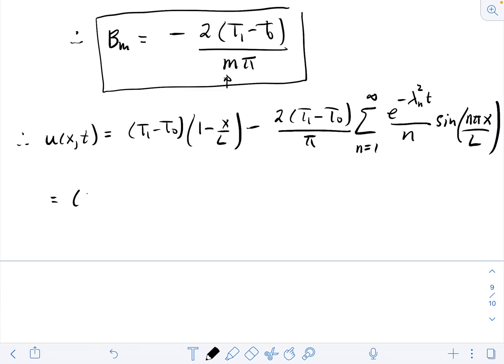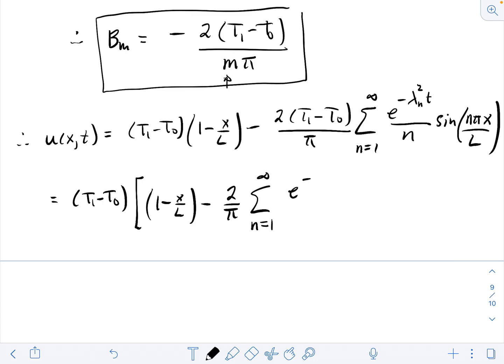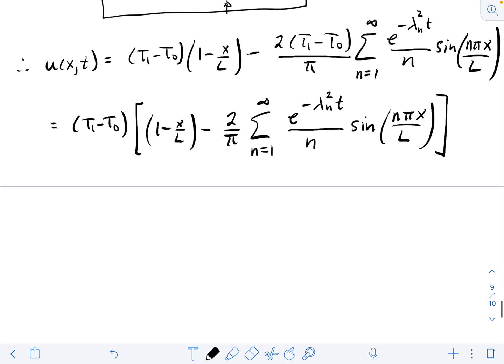We could write this a little bit nicer. There's a common t1 minus t0 factor. And so what we get is 1 minus x over L minus 2 over pi times the sum from n equals 1 to infinity of e to the minus lambda_n squared t, that entire exponential divided by n, and then sine of n pi x over L. Good. That's the solution, and it's complicated.